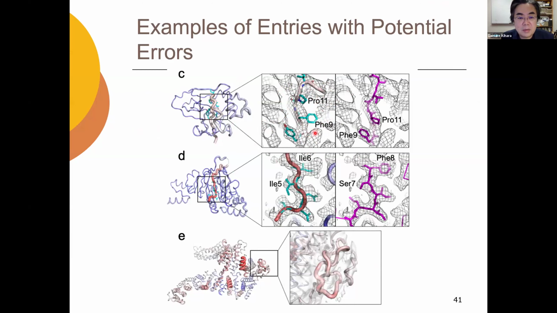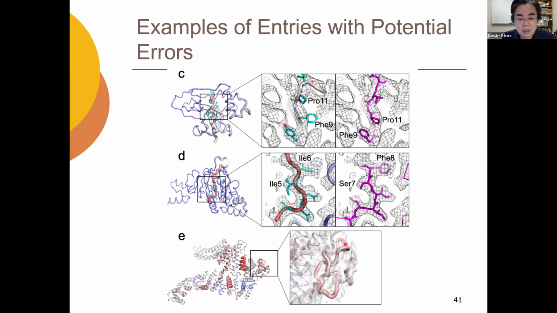But if you run AlphaFold to make the model, the AlphaFold model shifts the sequence along this density. So now proline 11 goes to this position, and phenylalanine 9 goes to this position, and that makes the structure fit much better to the density. The DAQ score can detect this kind of sequence shifting error.